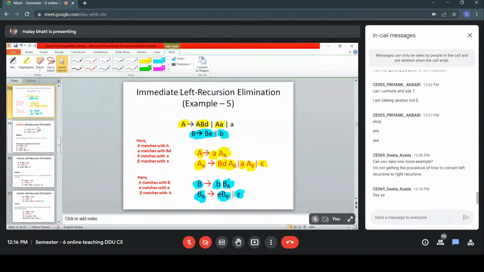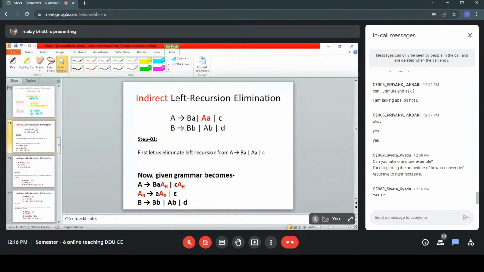Now we will go for indirect left recursion. Now you can see. So now in indirect left recursion, you can see A gives BA, then AA and C. So here we have two things. If you observe this, right?